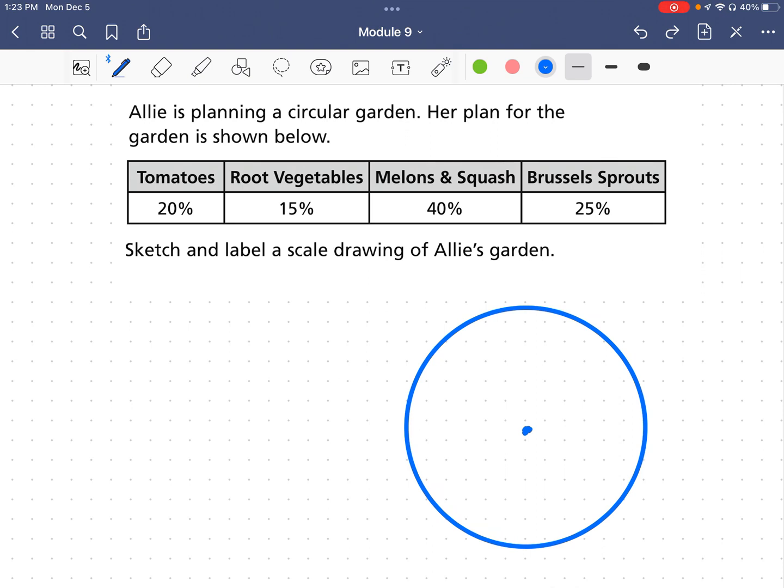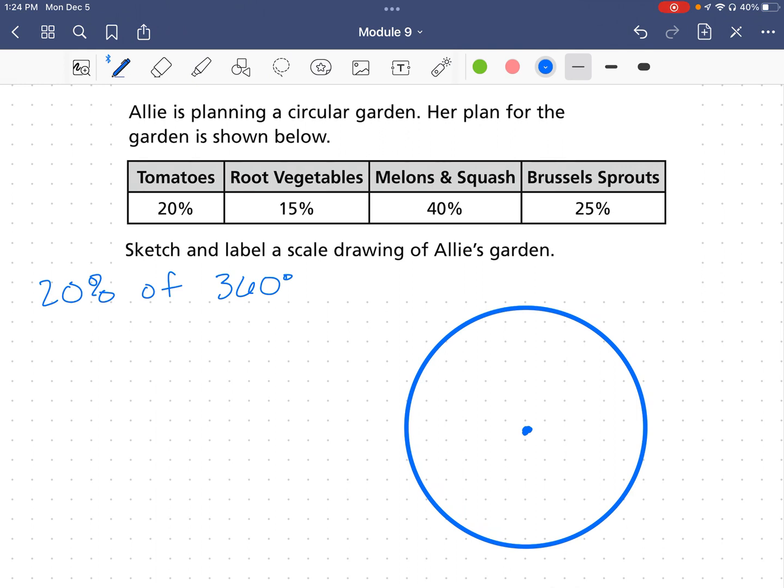So we first need to figure out how many degrees is 20%. Looking at our 360 degrees to go all the way around our circle, we need to figure out what 20% of 360 degrees is. So of in math land always means multiplication.